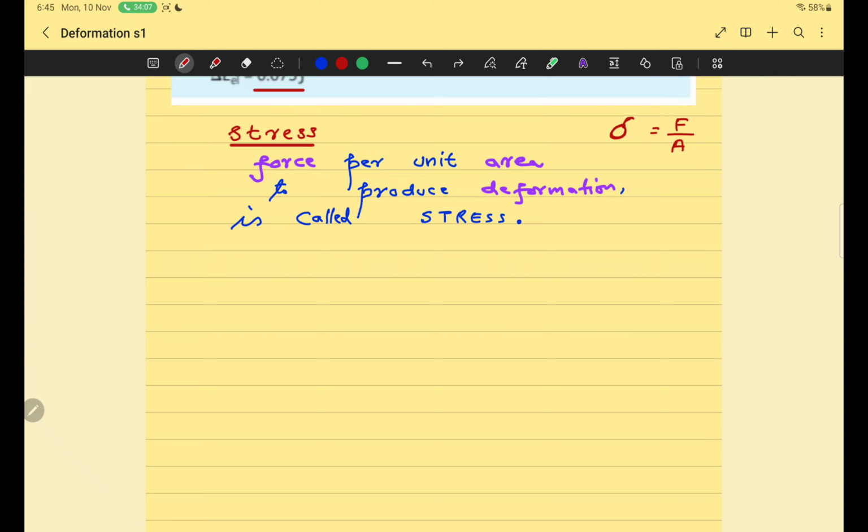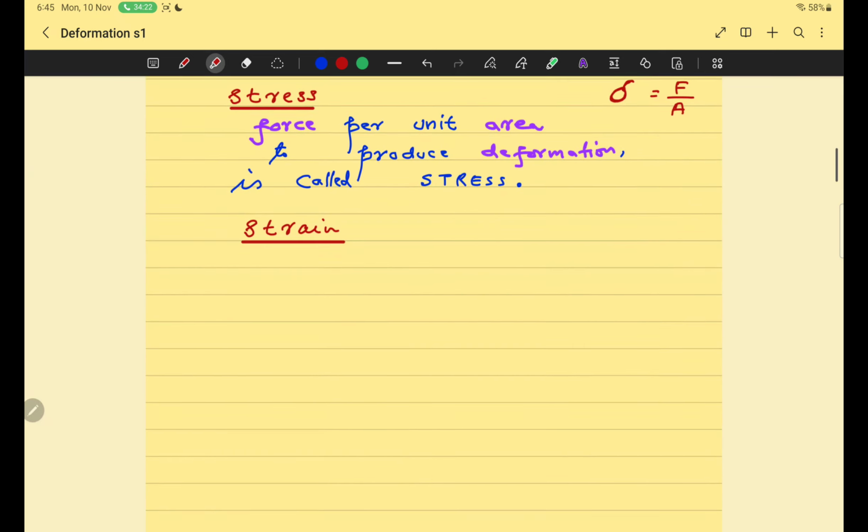So force per unit area to produce deformation is called stress, and when deformation is produced, how do we measure how much deformation is produced? To measure deformation, we use another term that is called strain. Sir, what is a strain? Consider this is a spring, and its length is 10 centimeter.